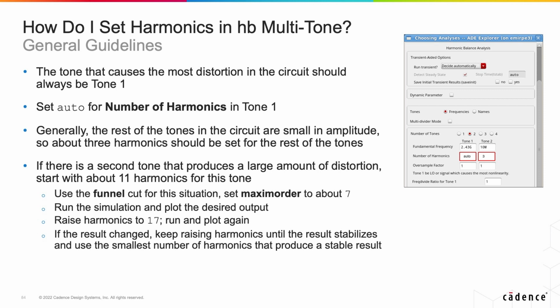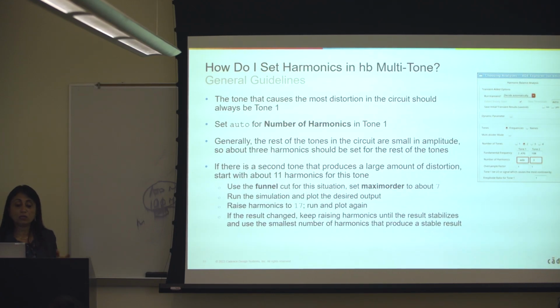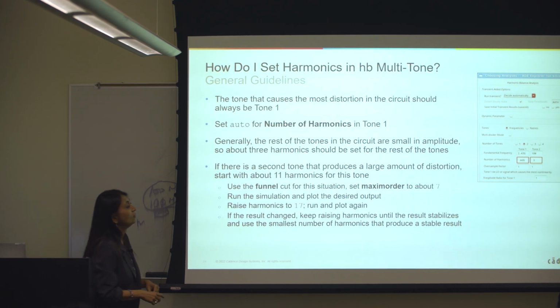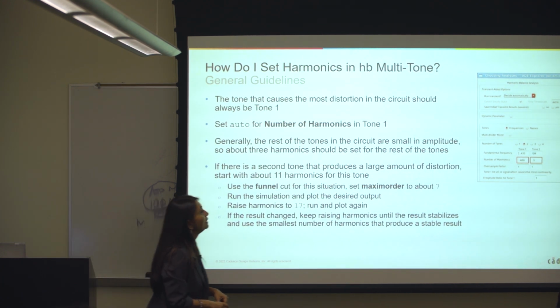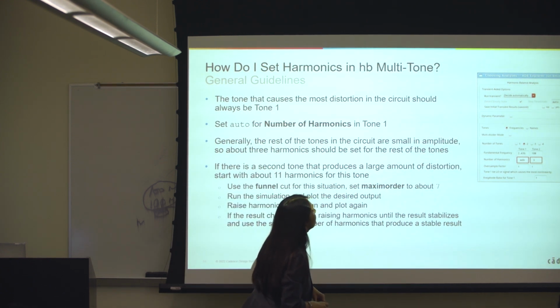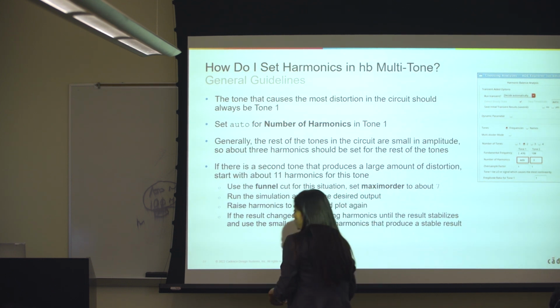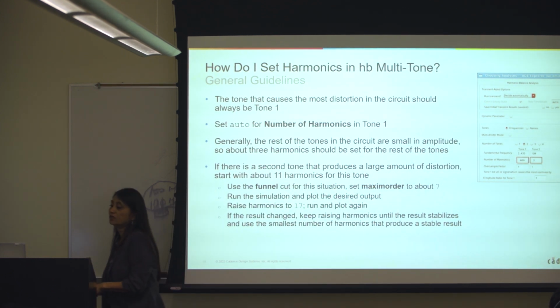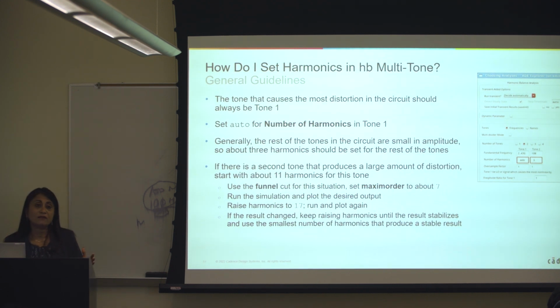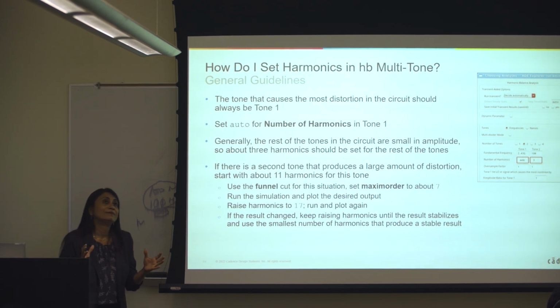I do not have a slide on this, but you can always look at the cut. I don't think a lot of our customers actually use that, but maybe in the options section of HB, if you have, say, 7 harmonics of tone 1 and 5 harmonics of tone 2, you can have a funnel cut or different cuts for harmonics.